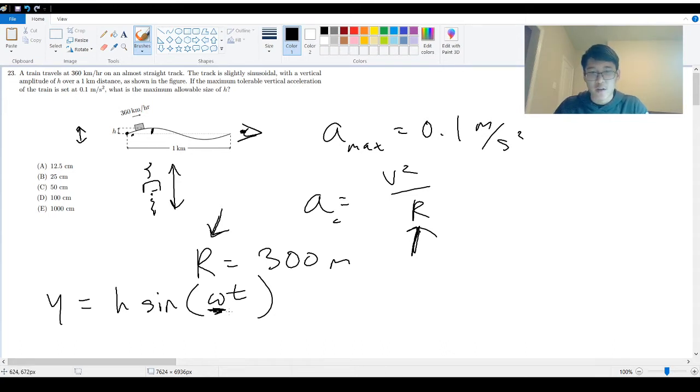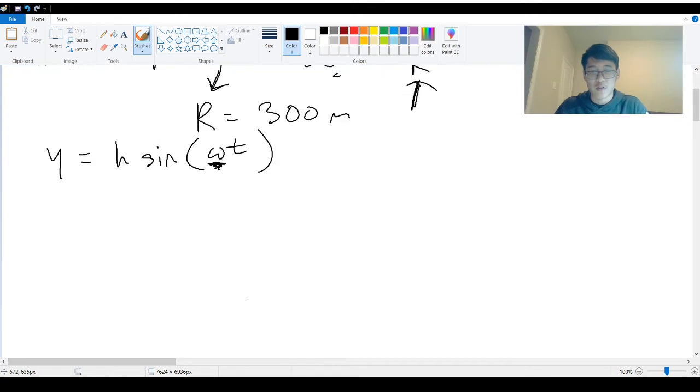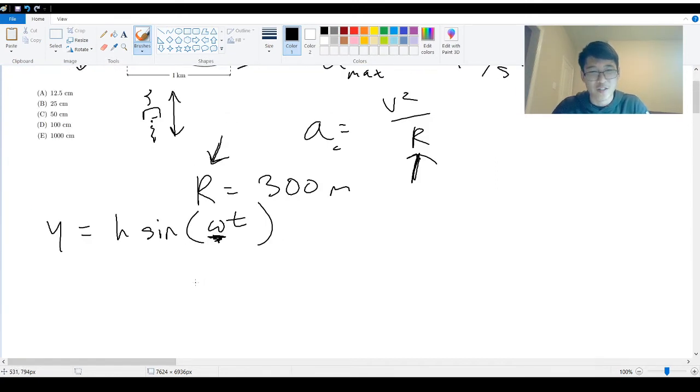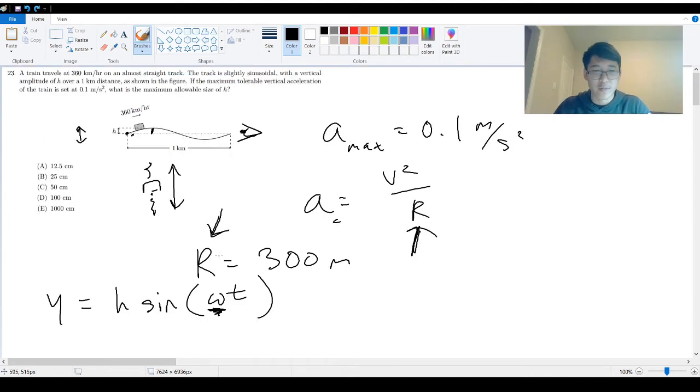It's a bit weird because you can't get it confused with omega for angular velocity, but omega here is the angular frequency, which just means frequency times 2 pi. Let's try to figure out the angular frequency of this wave.